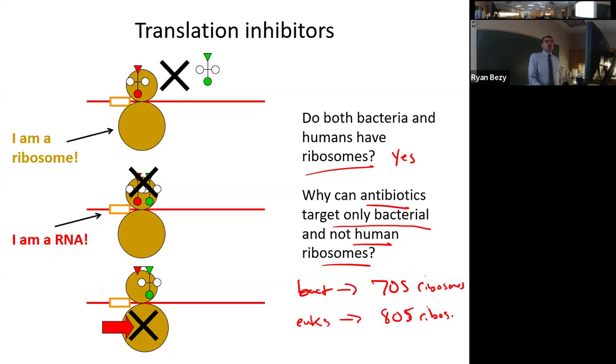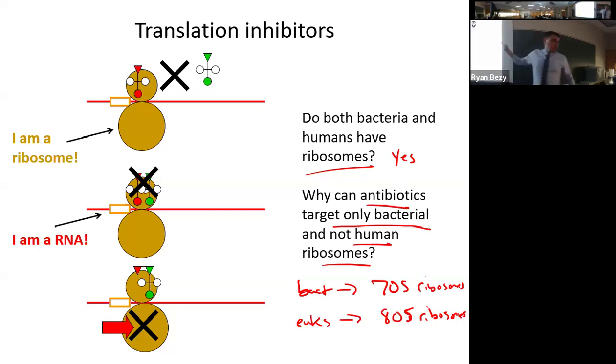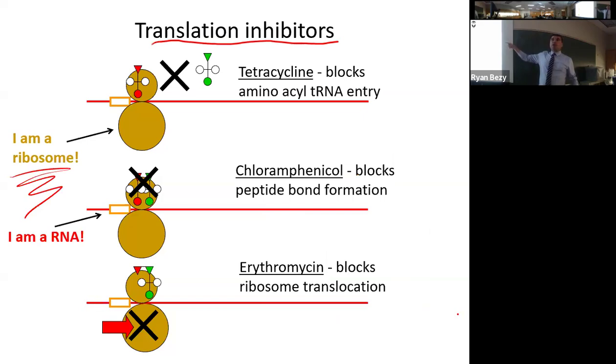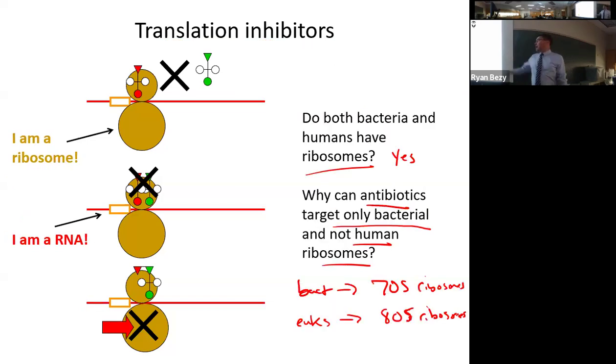And there are clear structural differences between a 70S ribosome and an 80S ribosome. Turns out these antibiotics we just went through, like tetracycline, chloramphenicol, erythromycin, only bind to and target 70S ribosomes. They don't target 80S ribosomes. So this is one of those examples where we have a similar but substantially different process. Questions about that?